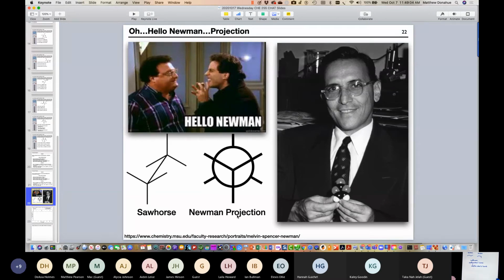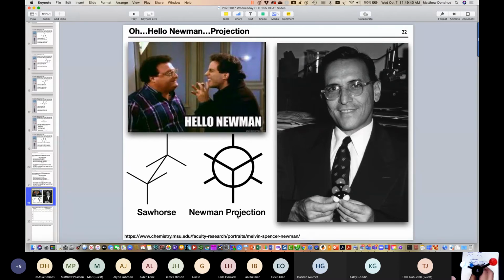If you're familiar with what a projection is, you're taking something that's 3D, with a light source, and projecting that onto a 2-dimensional surface. That's sort of what Newman did, and it's going to help us understand why these things are called conformational isomers. Even though they're both butane, they're the same molecule. Drawing this versus this indicates different things.